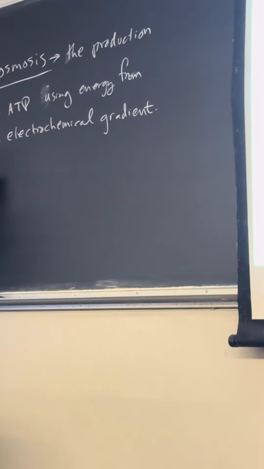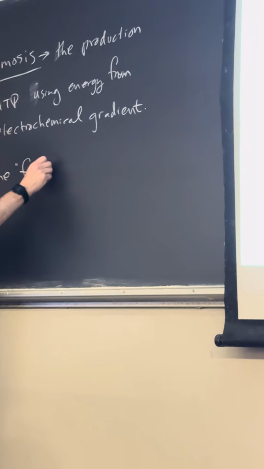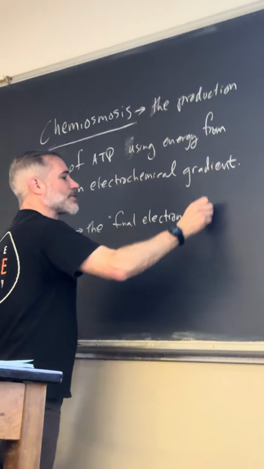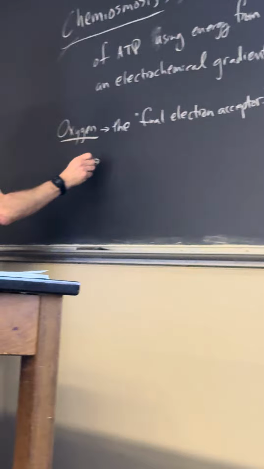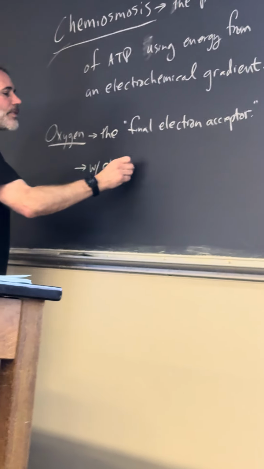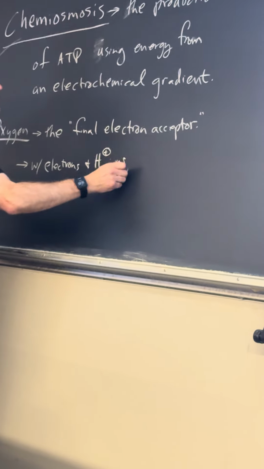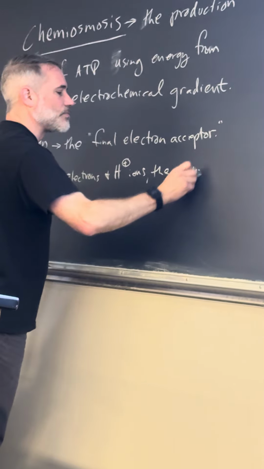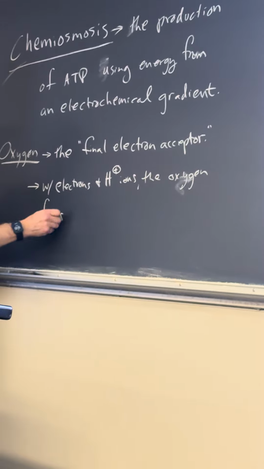So oxygen is called the final electron acceptor. With electrons and hydrogen ions, the oxygen forms water.